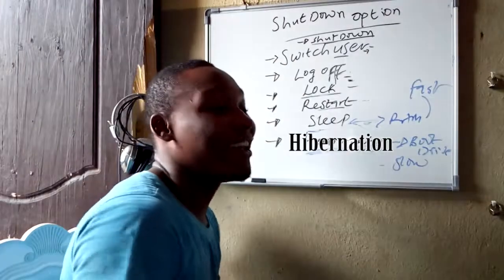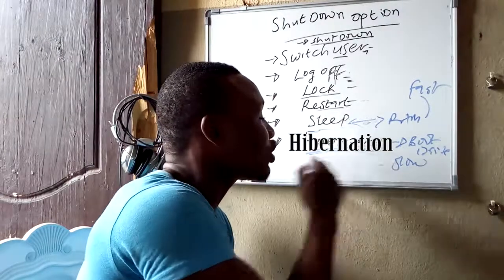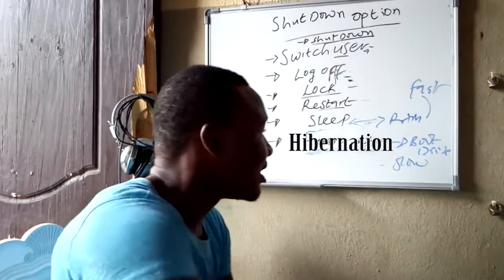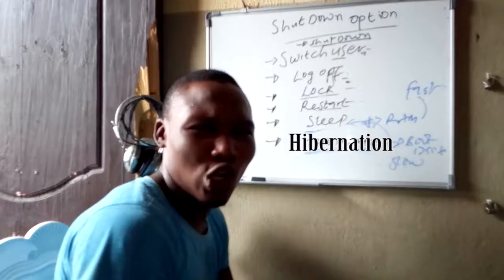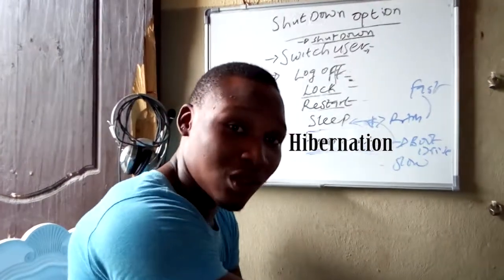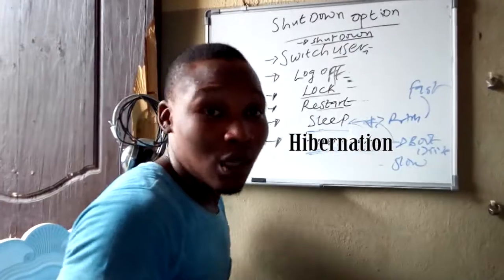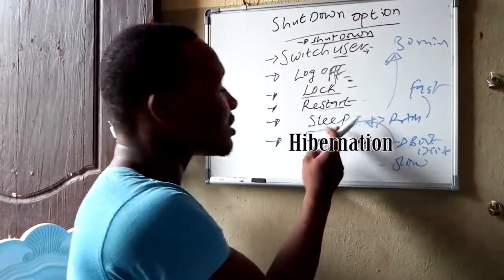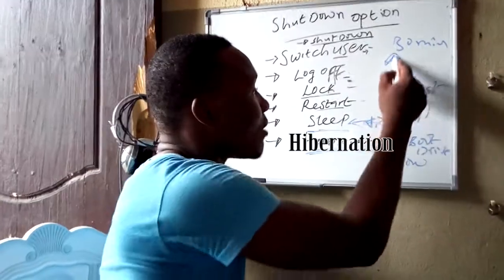A lot of computer users just really want to go to the next room to pick up something. Instead of putting it in hibernation, because you're not going to waste a lot of time, why don't you just put it in sleep mode? Even if you know you're going to waste about 30 minutes, you can put it in sleep mode. So when you come back, you move your mouse and your work comes back on.